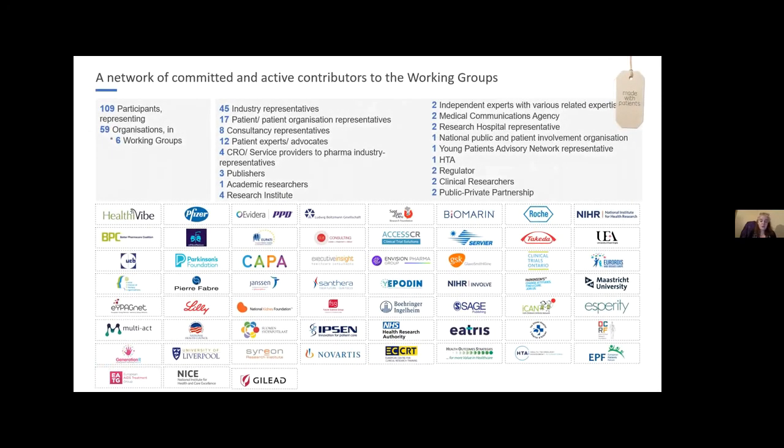This slide shows you a more in-depth view of all the contributors to all of the working groups connected to the how-to guides. I show you this because the early development guide is part of a series that follows the whole trial process from beginning to end, including how to produce plain language summaries, as mentioned earlier.